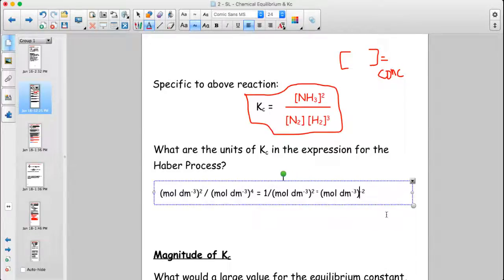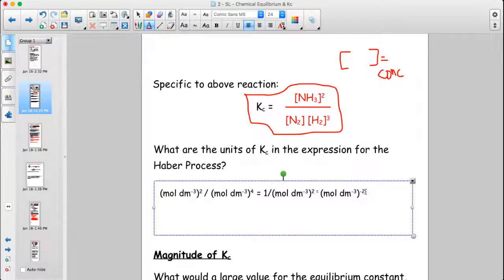And if you want to rewrite it further, you could actually put that minus 2 onto both of these units, and you'd end up with mole to the minus 2, and now it's dm to the positive 6. Because when you carry out this exponent here, it multiplies to the exponents on what's inside the parentheses. So it requires that you know a fair bit of math in terms of how to deal with your exponents, but it's nothing too wild and crazy.